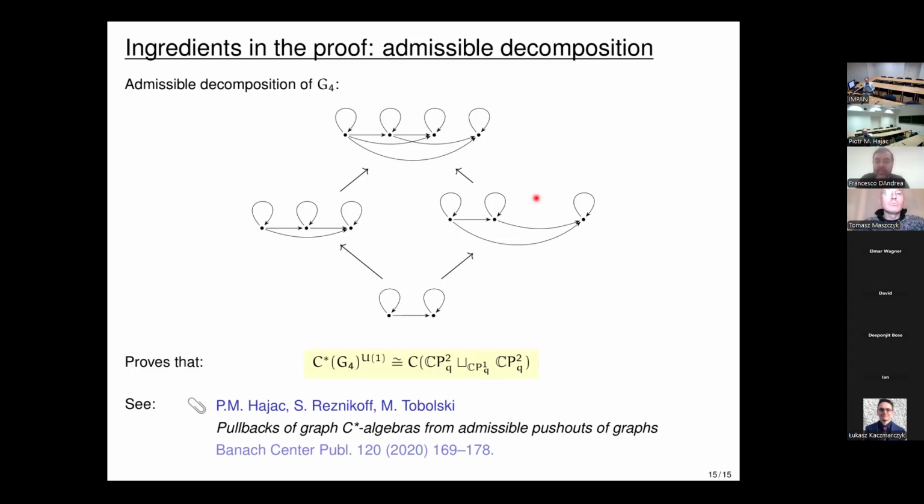But this comes also from our general theorem that the core of this is the amplified graph C-star algebra where you remove all the loops and arrows. Yes, this is the consequence. To all these graphs, you can apply our theorem because they are Cuntz-Krieger algebras.